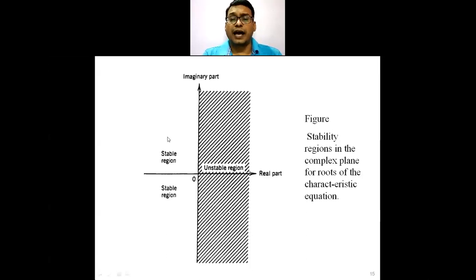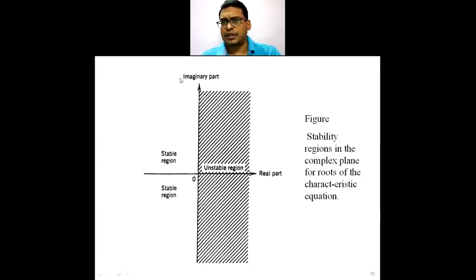If the roots lie on the left hand side, that is the negative real part, it becomes a stable system. That is, if the roots of the characteristic equation of a control system are in the right half of the complex plane, the control system is unstable and the roots have positive real part. If the roots have a negative real part, then the system is stable.